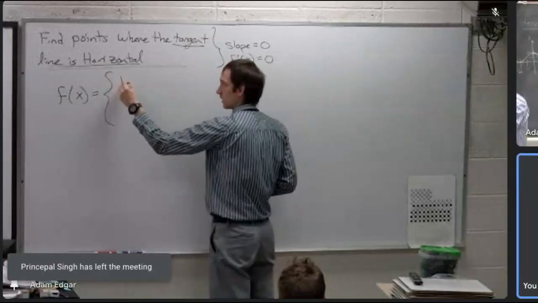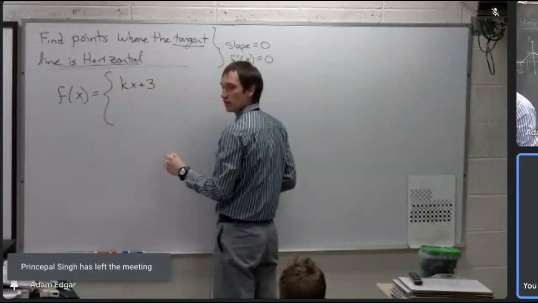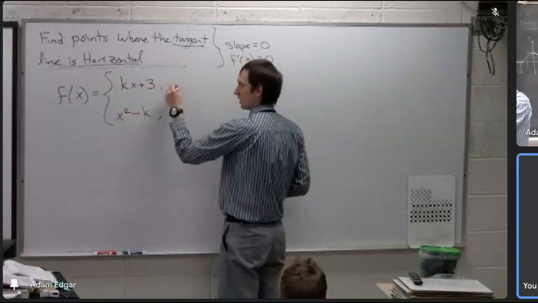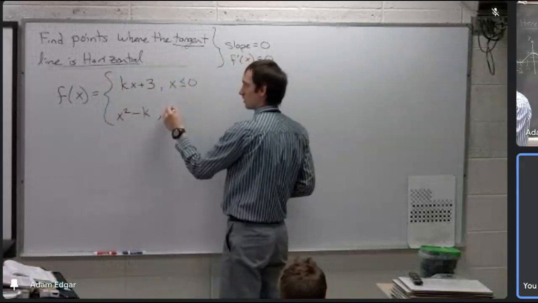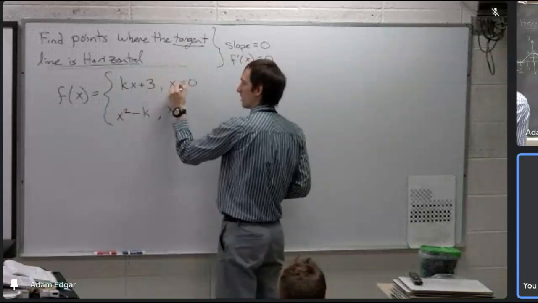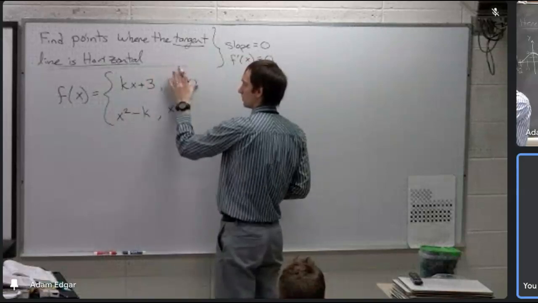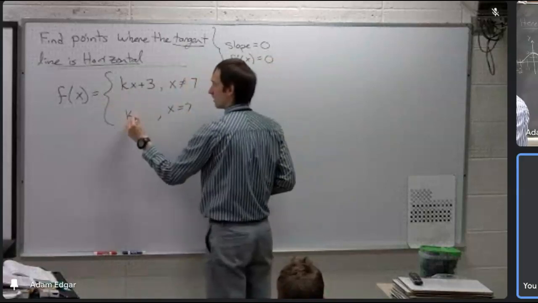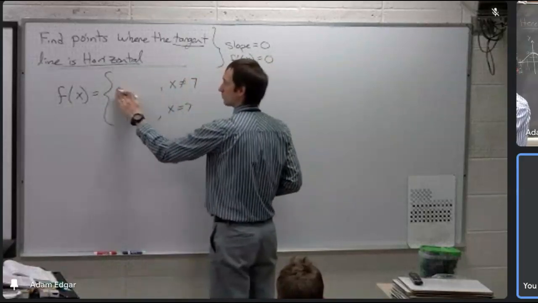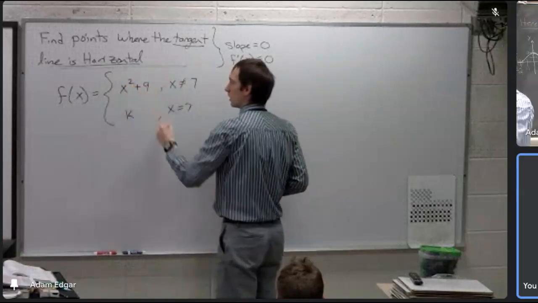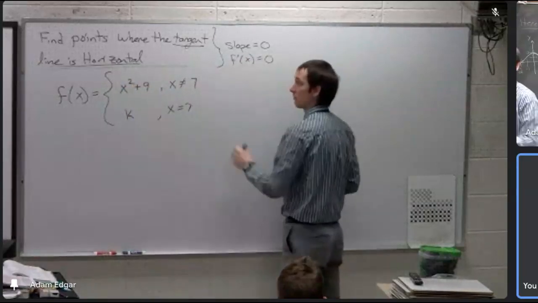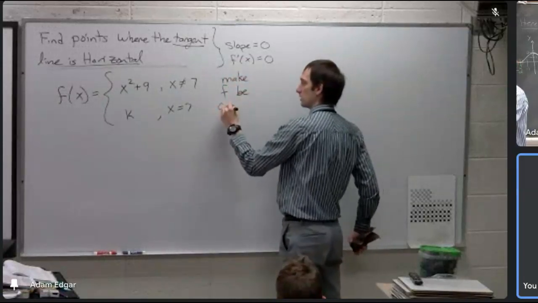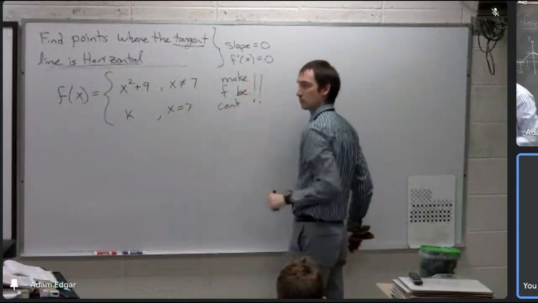It's like kx plus 3 and x squared plus 9, for x not equal to 7, and k at x equals 7. And we want f to be continuous. So make f be continuous.